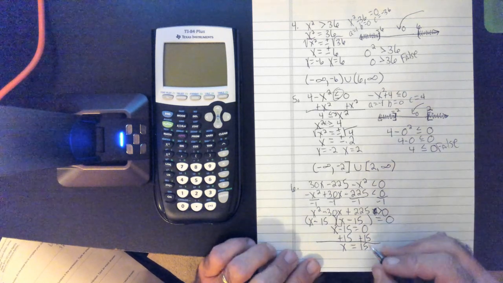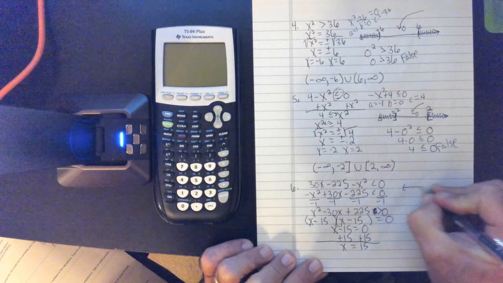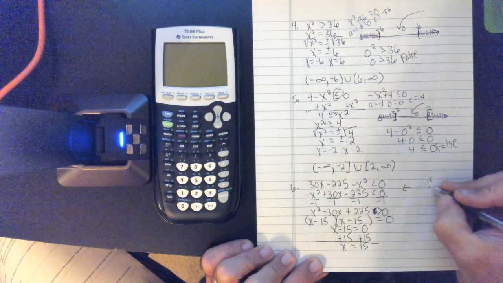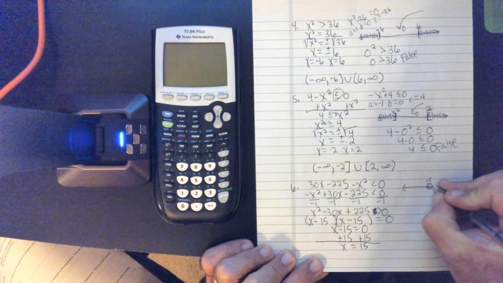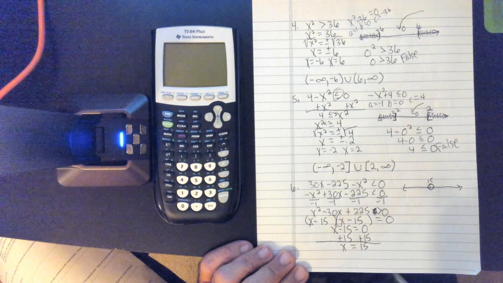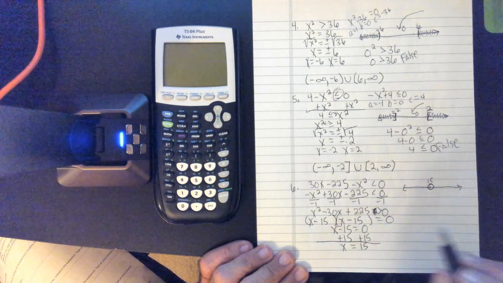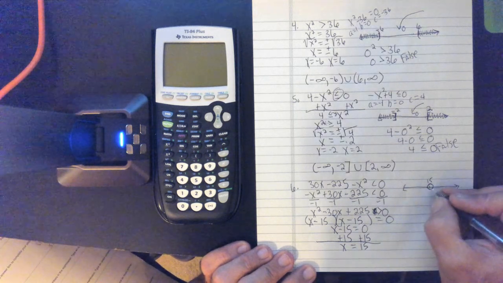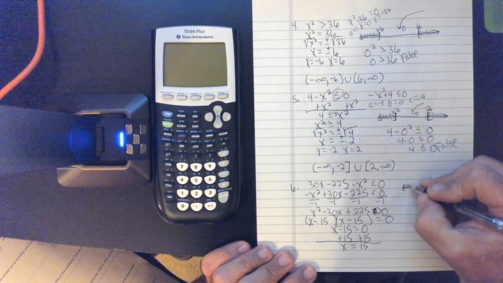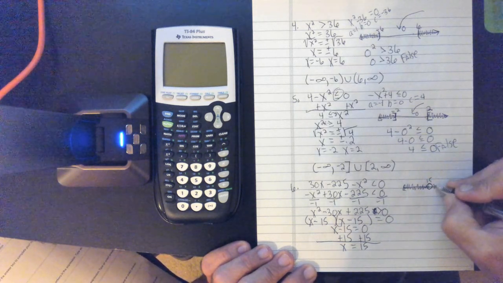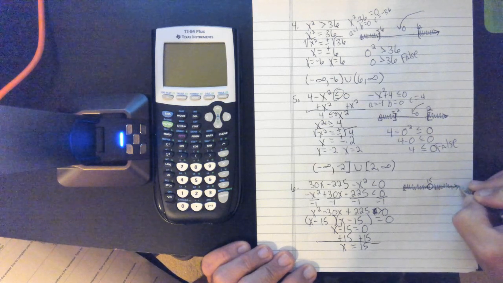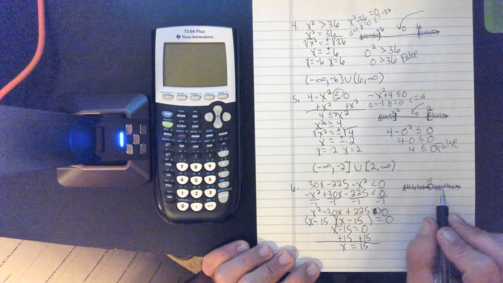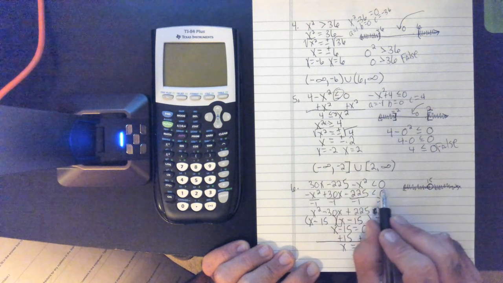Since we only got one number on my number line, where that 15 is, that's going to be the only place where this is not true. So I'm going to skip that point, but everything else on here will be true. Because remember, it's not less when it's 15, it equals 0 when it's 15.